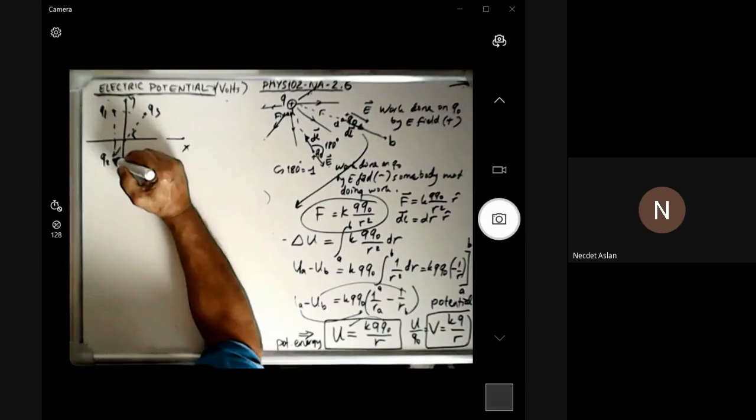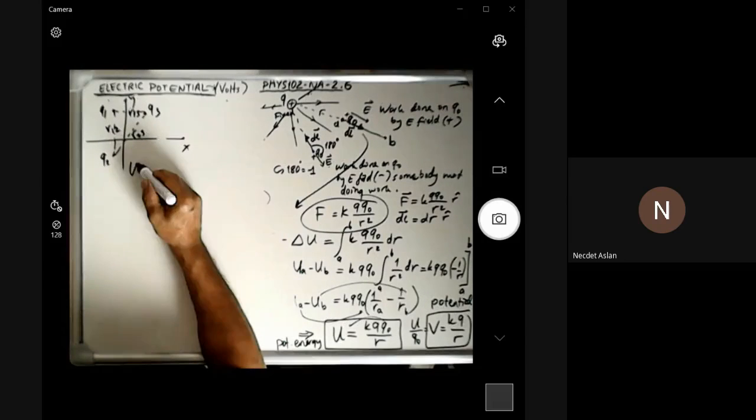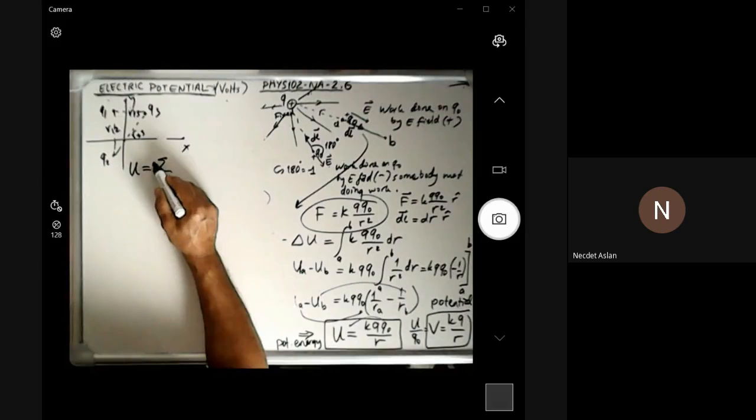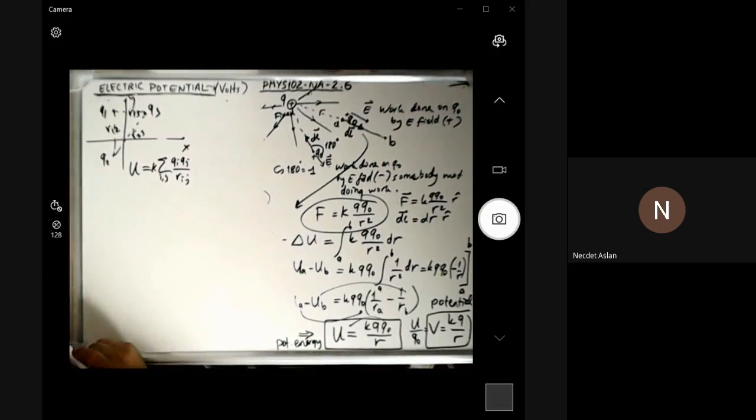So the distance between the second and the third charge is R2,3, and the distance between 1 and 3 is R1,3, and the distance is R1,2. So if you know these things, the potential energy is given as the sum, K of course will be there, over i and j, Qi Qj divided by Rij. This is an expression.